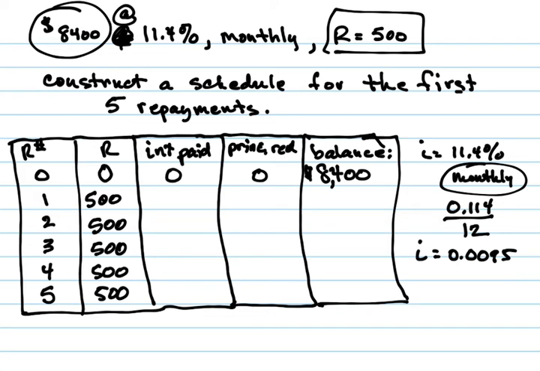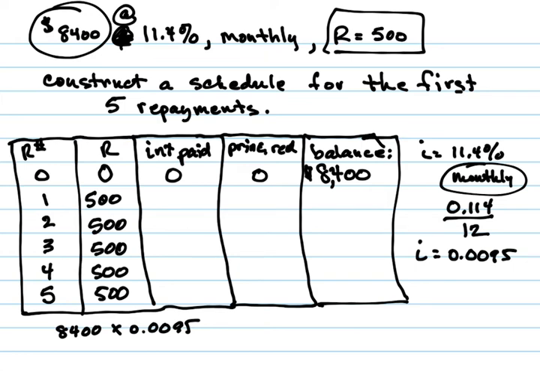Now, once I know that, then to find the interest paid, all I have to do is multiply my balance times my interest. So, to find the interest paid on the first thing, I'm just going to take my 8,400 times 0.0095. Now, I'm going to do the first one, and y'all are going to do the others, so pay attention and get out your calculators.